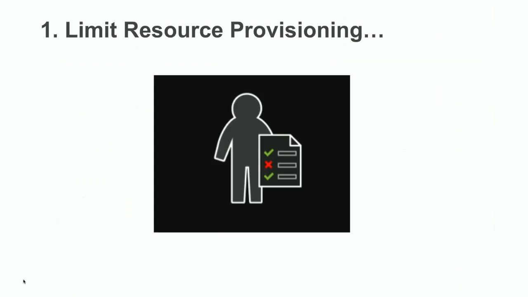First and foremost, the first recommendation is that we want to limit your resource provisioning. What we mean by that is we want to limit which users have the capability to leverage AWS resources and deploy and manage those resources.